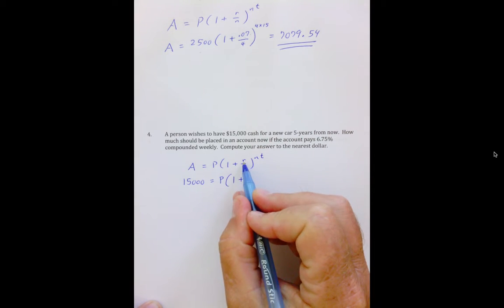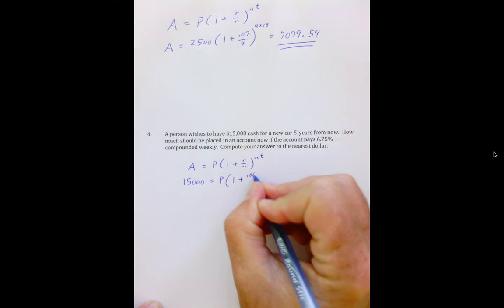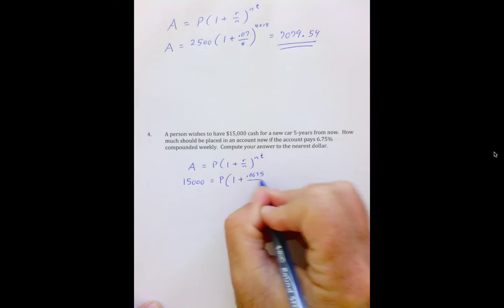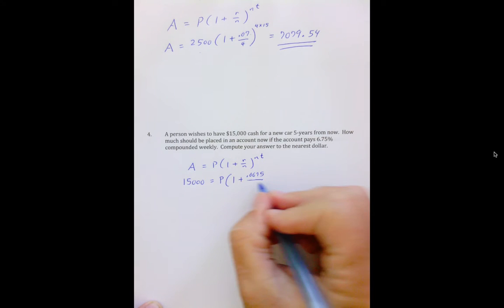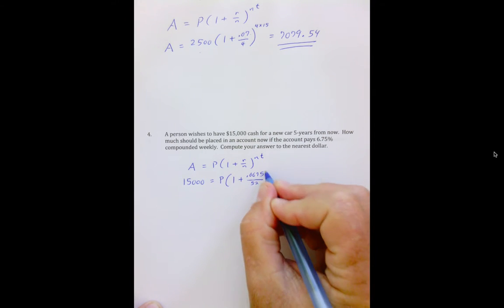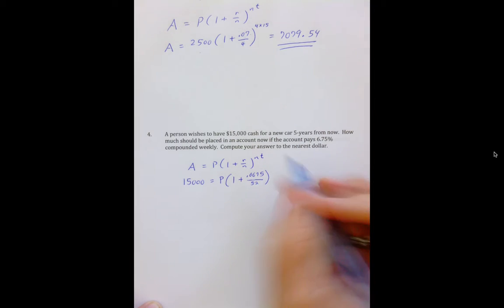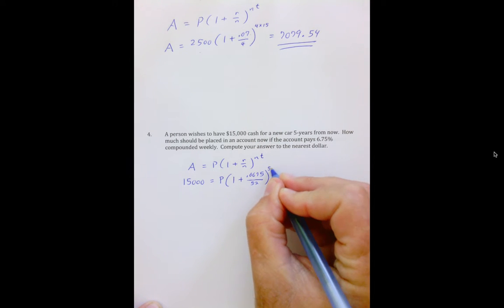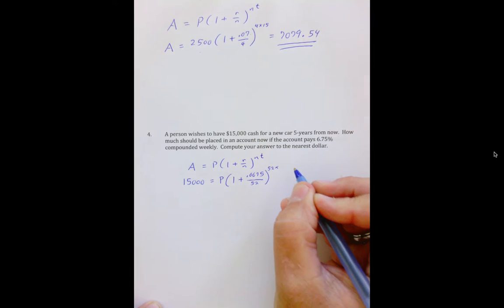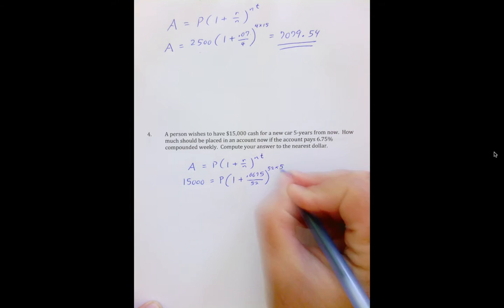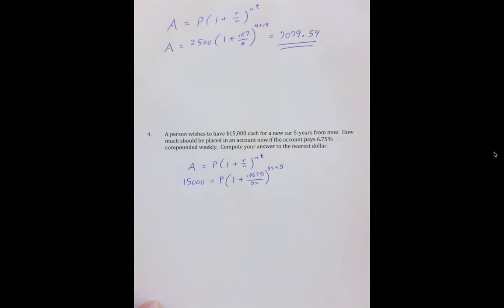Well, our rate is 0.0675. Compounded weekly, so we should all know there's 52 weeks in a year. 52 goes there too. And we need 5 years. A lot of stuff going on.